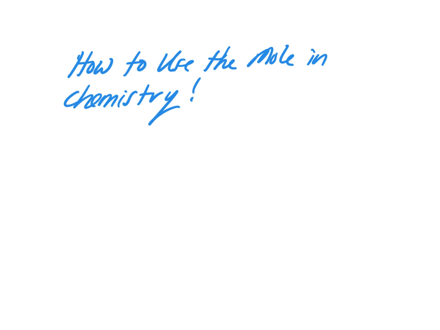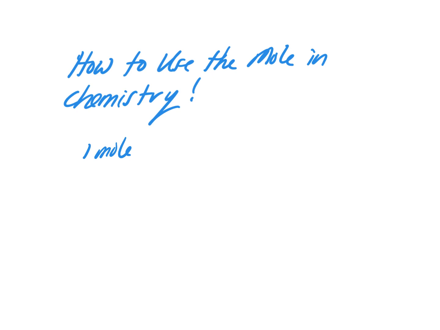I introduced you to what this number is in chemistry. It's called the mole. The mole is Latin for lump of stuff, because when early chemists were working with moles, they didn't really know how many atoms they were working with. But later on, we found out what the number of atoms is.